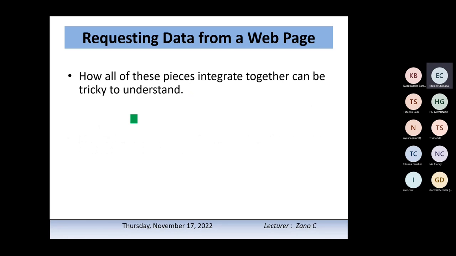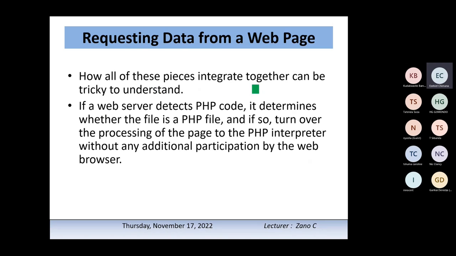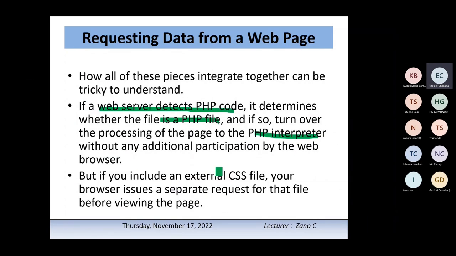If you want to request data from a web page, how all of these pieces integrate together can be tricky to understand. If a web server detects PHP code, it determines whether the file is a PHP file, and if so, turns over the processing of the PHP to the PHP interpreter without any additional participation by the web browser, right? But if you include an external CSS file, your browser issues a separate request for that file before viewing the page.